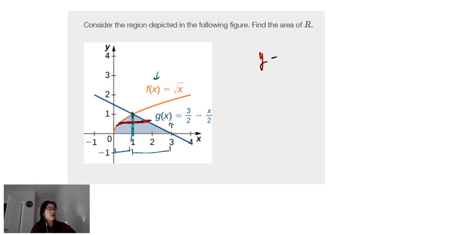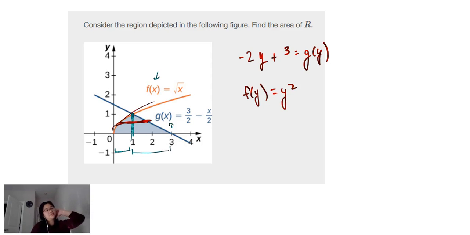What's that, like y minus 3 halves and then multiply by -2, so plus 3 is g. And then f of y is just going to be y squared, right? So that's a parabola. So, look at that.